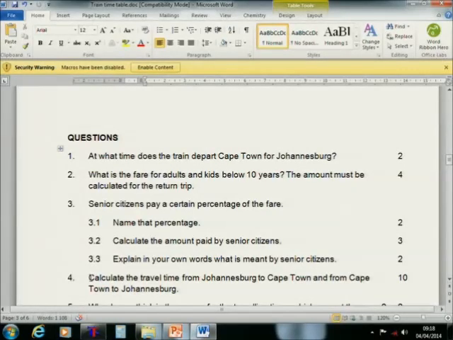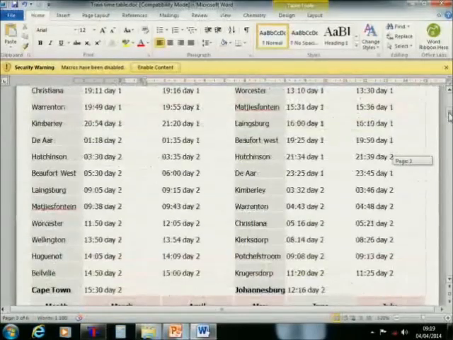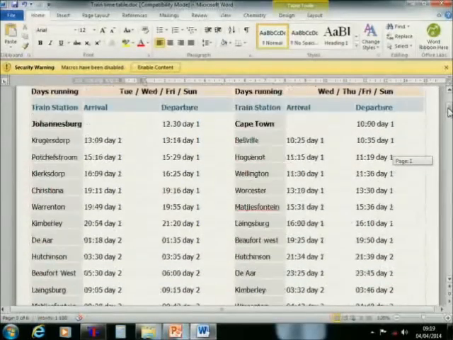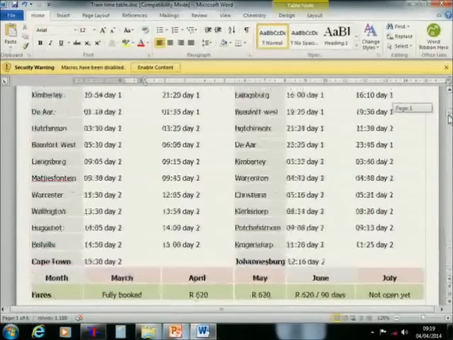In other words, you now have to concentrate on the schedule. So you will look at the time of departure and the time of arrival. The first one you calculate from Johannesburg to Cape Town. The next one you calculate from Cape Town to Johannesburg.